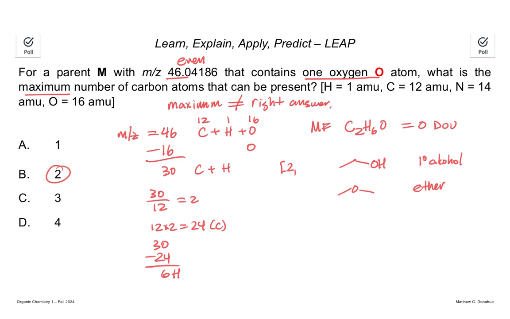The alcohol has 2 unique carbons, 3 unique types of hydrogens in a ratio of 3 to 2 to 1. The ether has 1 unique type of carbon, 1 unique type of hydrogen in a ratio of 6. So those differentiate those constitutional isomers.